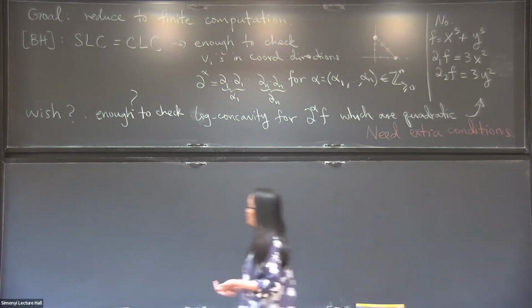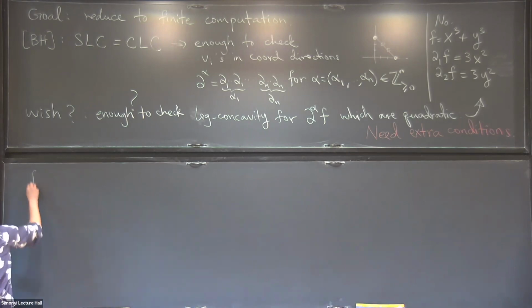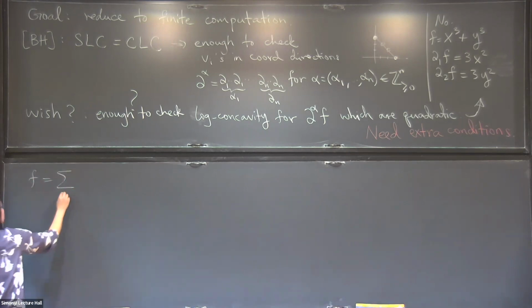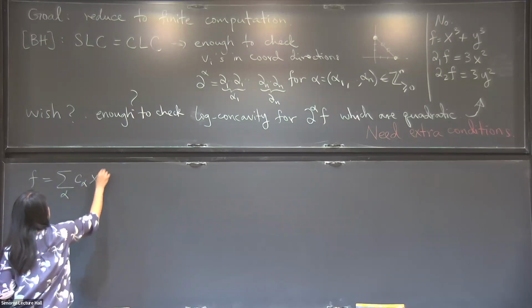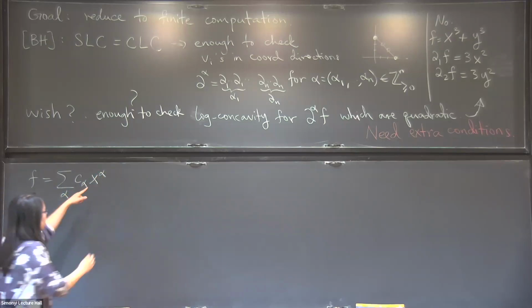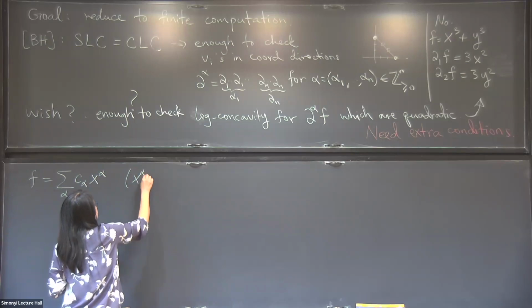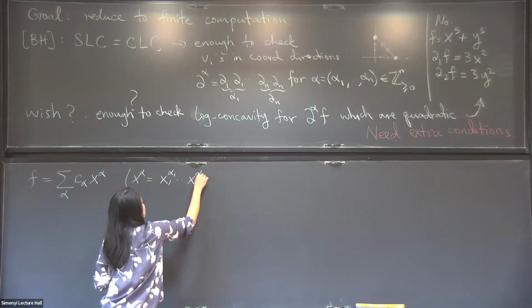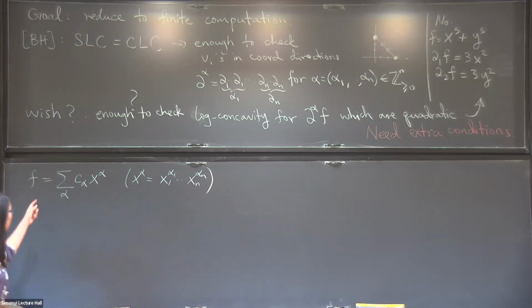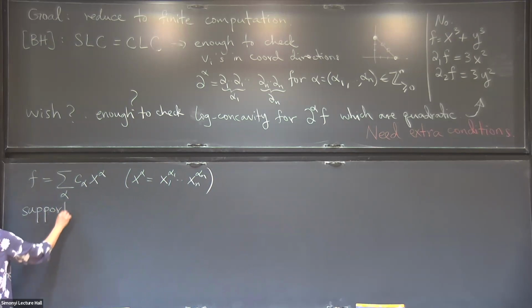Let me set some notation. Say the polynomial is the sum of c_alpha x to the alpha, where x to the alpha means x1 to the alpha 1, up to xn to the alpha n. The support here is not like the support of a function, where it is where the function is non-zero.